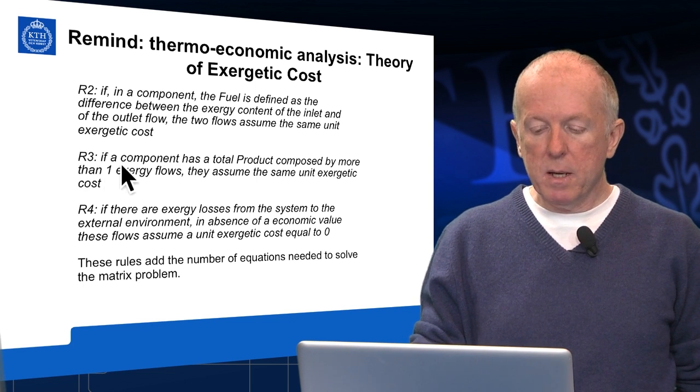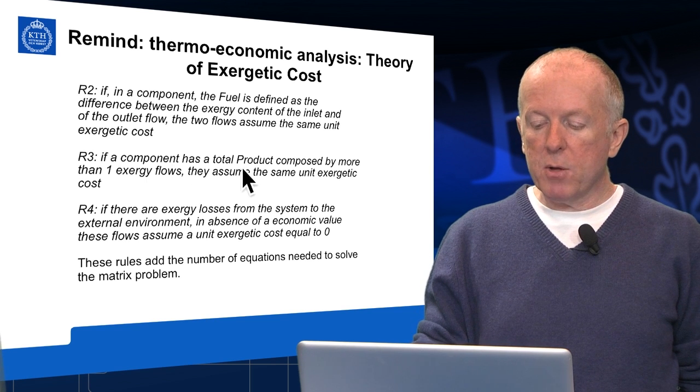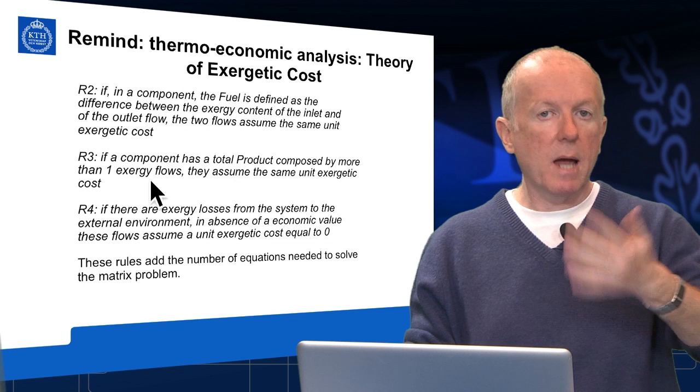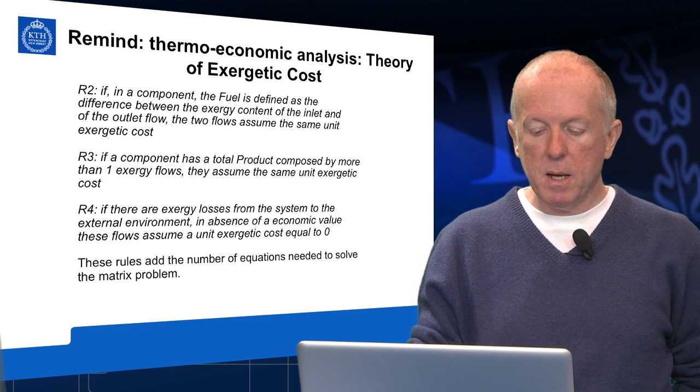Rule number 3: if a component has a total product composed of more than one exergy flow, so in a system you have more than one exergy product, they all assume the same unit exergetic cost. This adds other equations to the system.